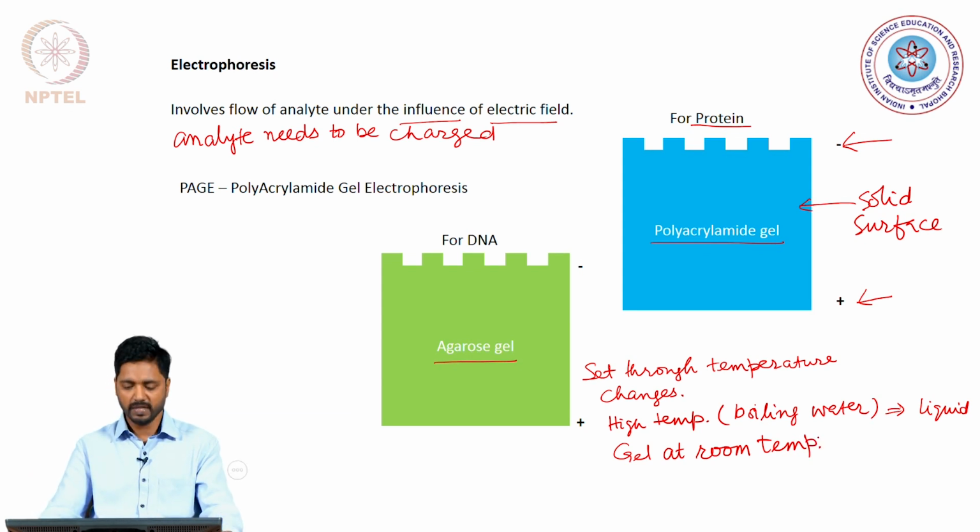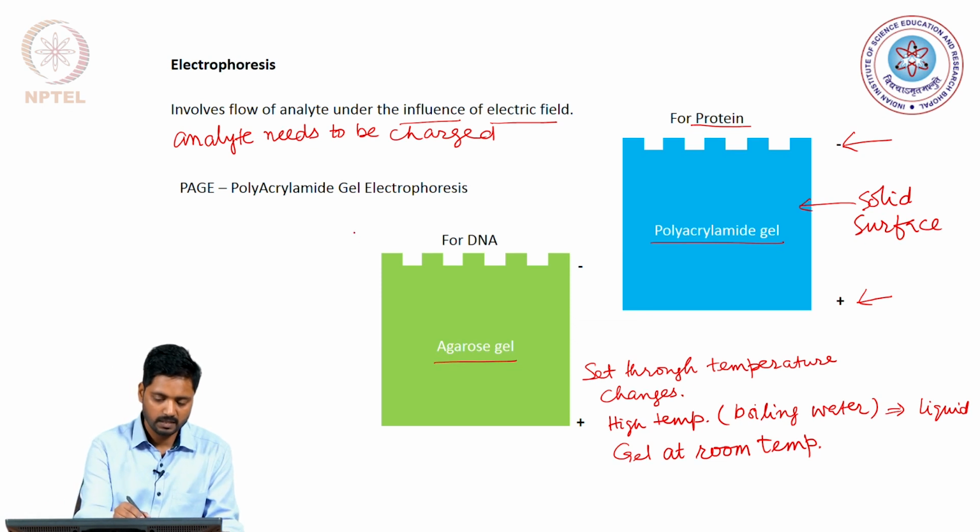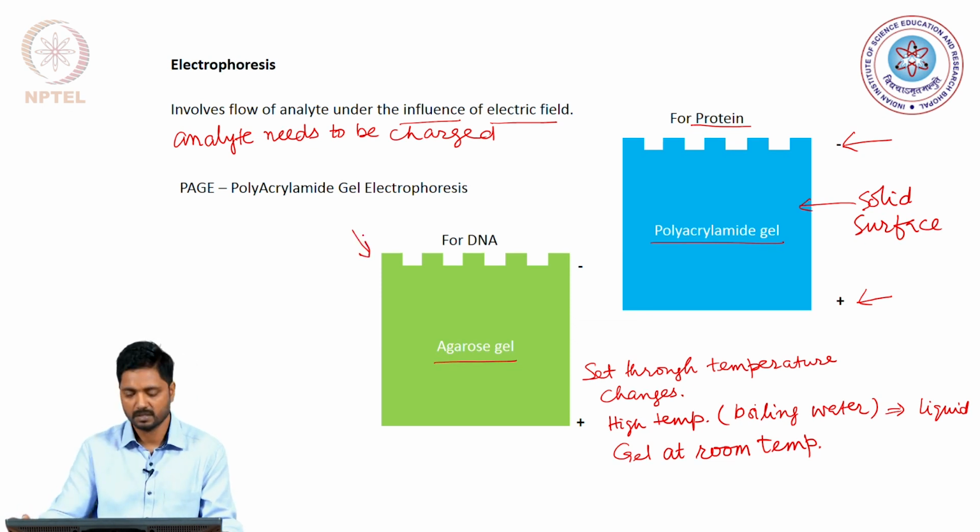So, it is very straightforward to cast this gel. That means, we can make the gel fluid through use of high temperature and pour the gel into the corresponding die or cassette and allow it to cool down to form the gel, which now becomes a rigid network and is also inherently polar.